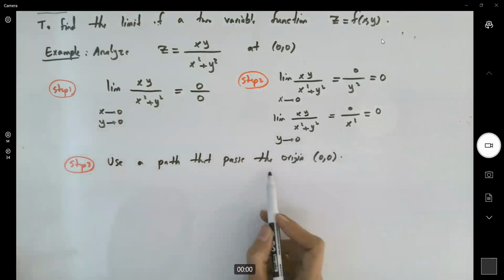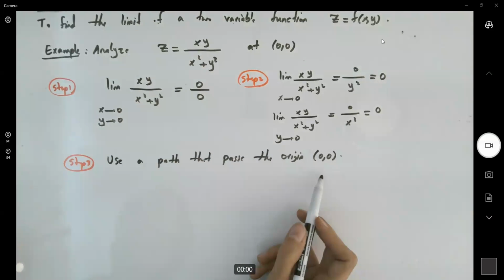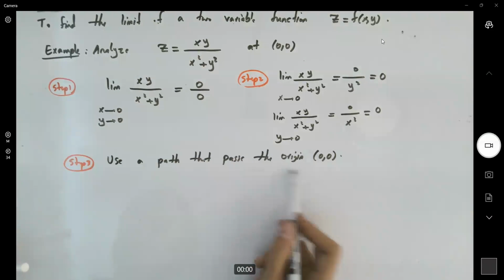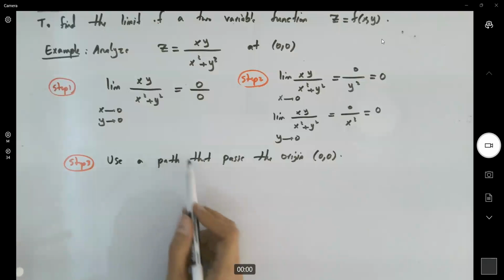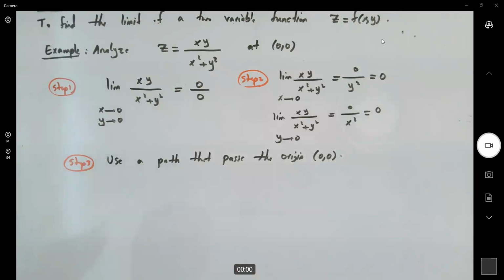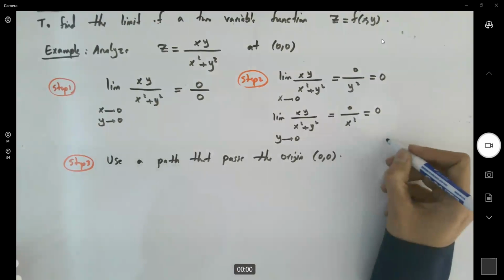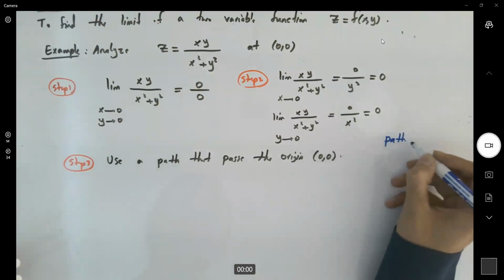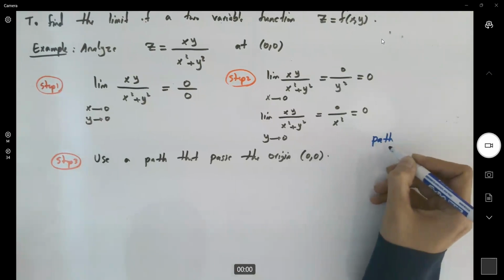I'm going to move along that path. All of the x and y values are on that function. What does that path, that function, look like? In general, you have many options for that path.